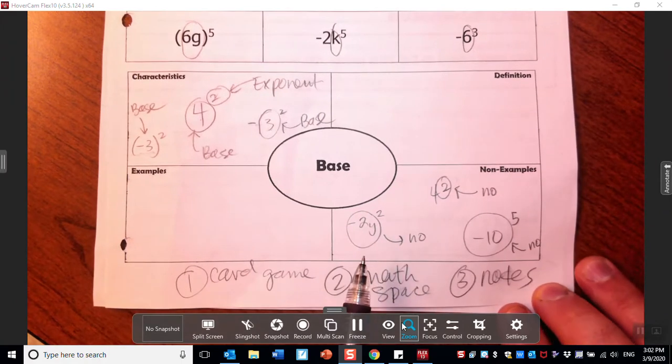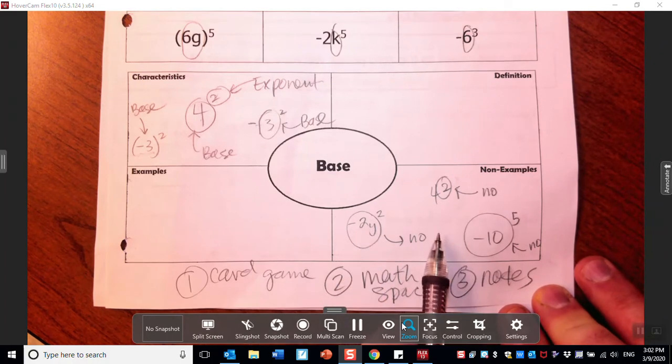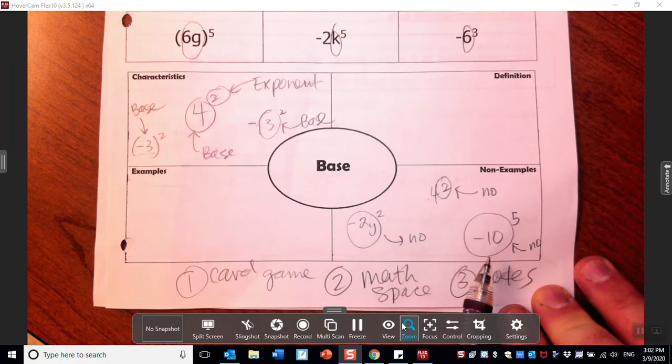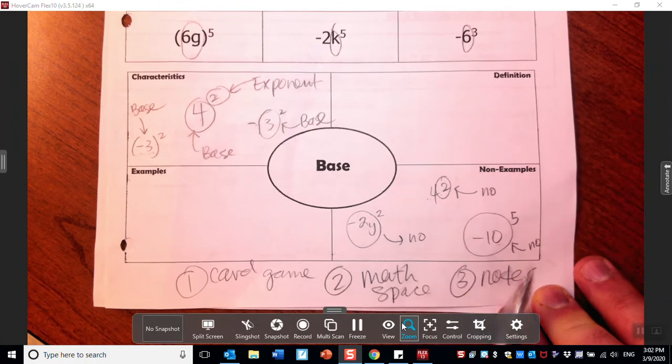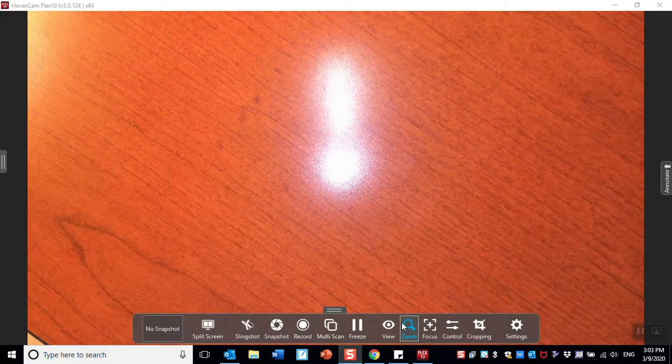Now, examples that are not bases: all of this is not the base. The only part that's the base is the Y. Same here. 4 is the base, 2 is the exponent. And also, this negative symbol is not the base. It's just the number 10. All right, moving on to page 2.